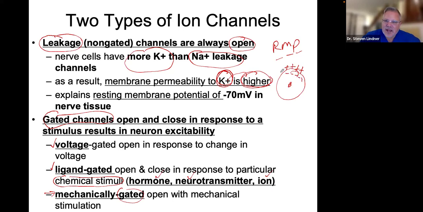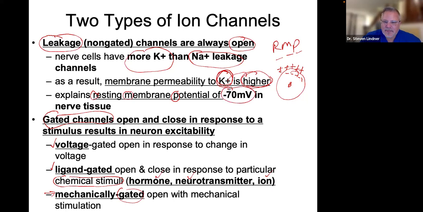And the outside of a cell membrane of a neuron tends to be a little bit more positive in relationship to the inside of the cell membrane that tends to be a little bit more negative. And the RMP, the resting membrane potential of a neuron, is minus 70 millivolts.